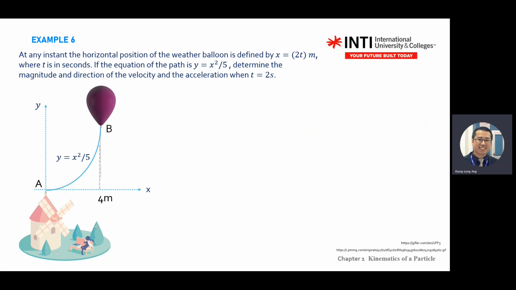And y is given here, y equal to x squared divided by 5. So you have two directions, meaning you have two vector forms. Determine the magnitude and direction of the velocity and acceleration when the time is 2 s.